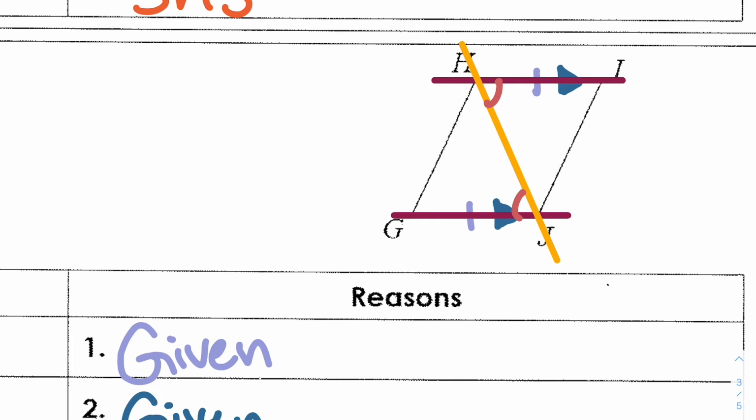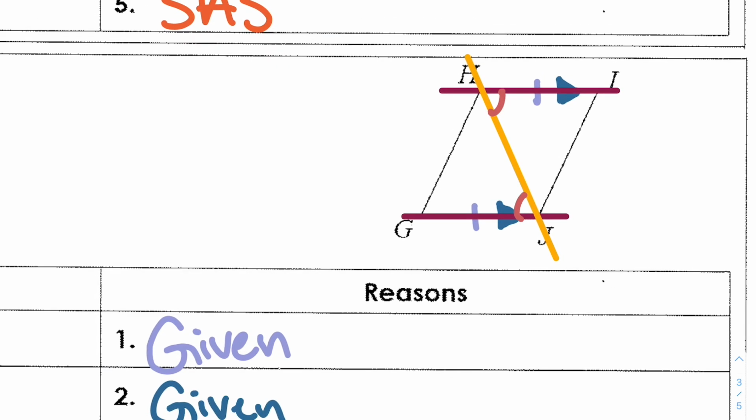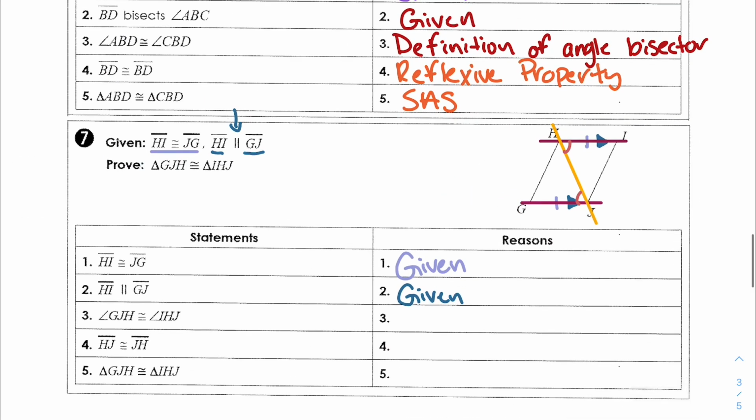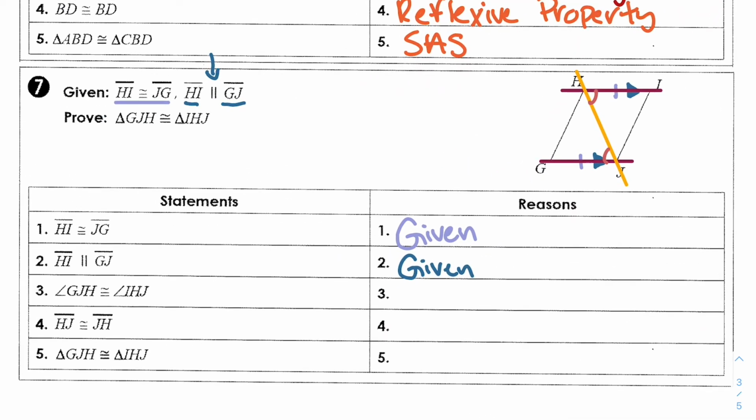And when we have angles that are not on the same side of the transversal, they're alternate angles. And these are alternate interior angles because they are in between the two parallel lines. So that's literally our reason. Angle GJH is congruent to angle IHJ because they are alternate interior angles. Just like that.